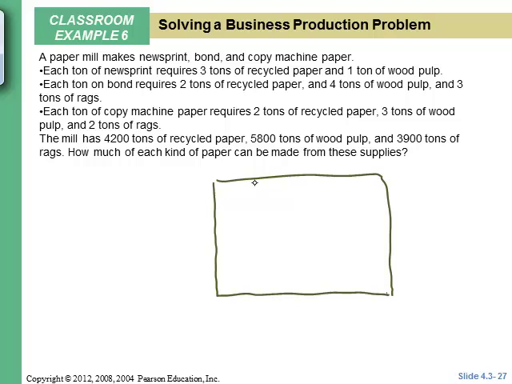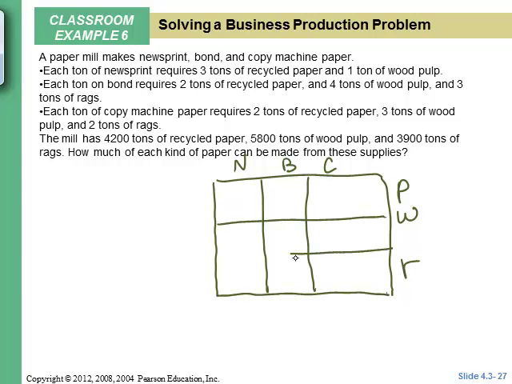Okay, we've got a chart here. We've got newsprint, bond paper, copy paper, and we've got recycled paper, wood pulp, and rags.